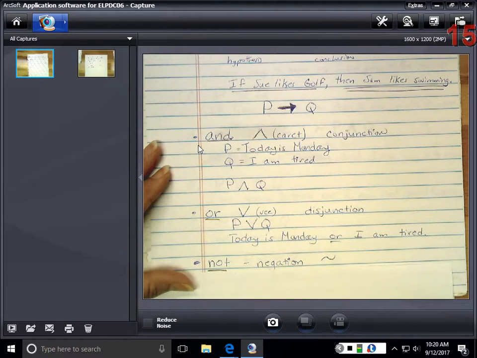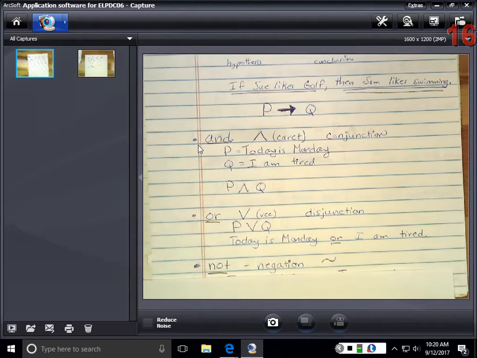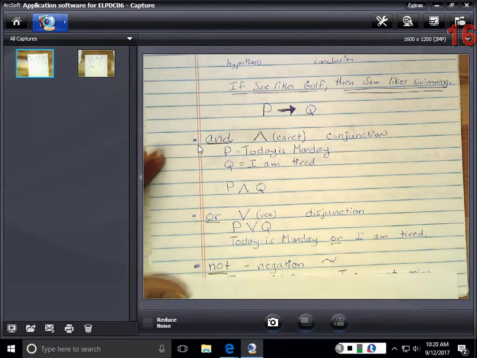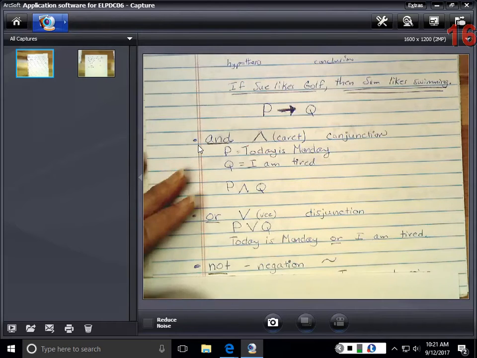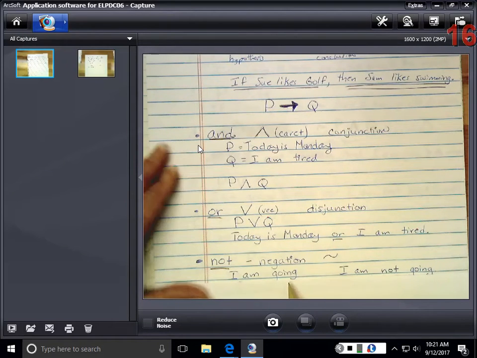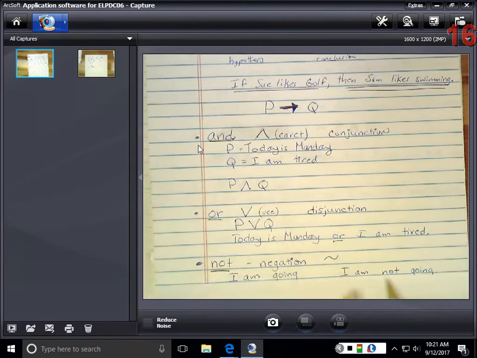Then, of course, we have another thing, a "not," which is a negation. And it is one little squiggly line like that. Now, here is a sentence. I am going. If I want to negate it, I will say I am not going. If I have a "not" in the sentence, how would I negate it?